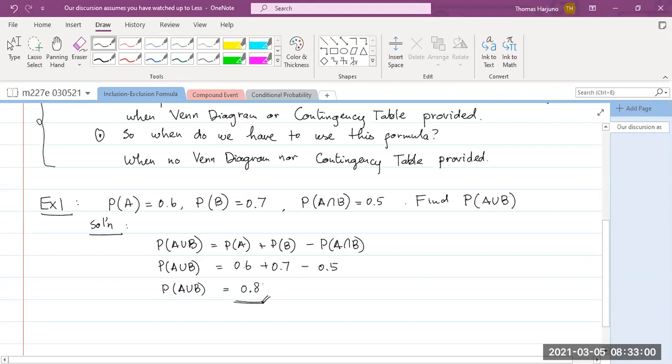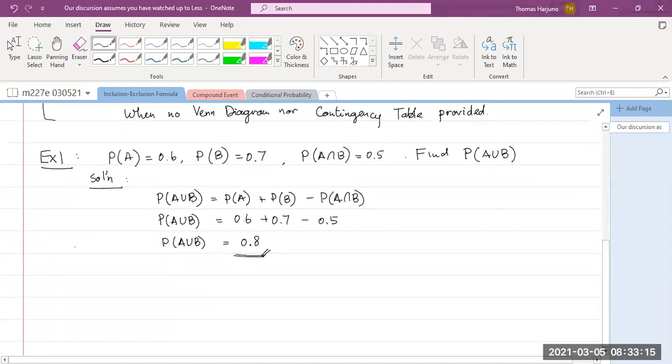Yeah, because we don't have a Venn diagram nor contingency table to refer to. So then we use these formulas. Now the situation may be twisted around, but we still use the same formula. For example, instead, the probability of the union, either A or B, is 0.9.